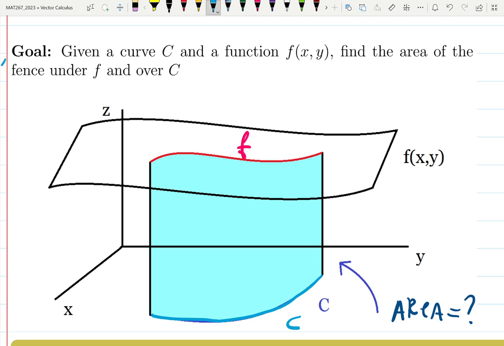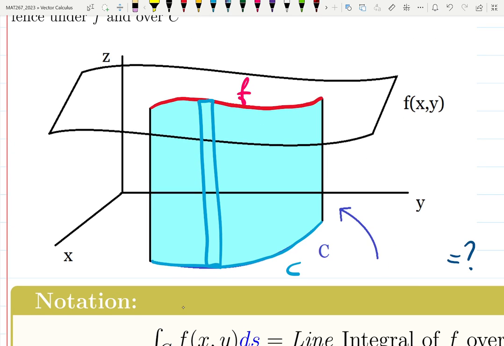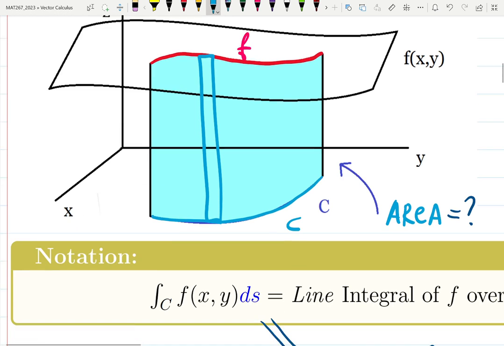We choose C. C cuts through the three-dimensional object and creates f. Both are curves, right? And now we find this area. We still can approximate it with rectangles. So that is why it's going to be an integral. What is this area?